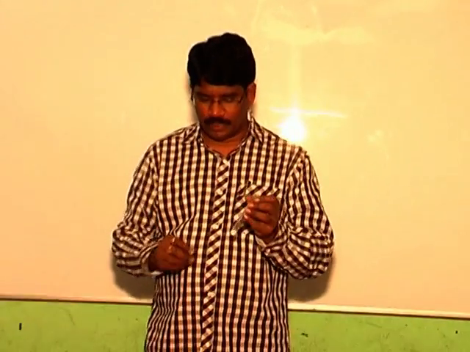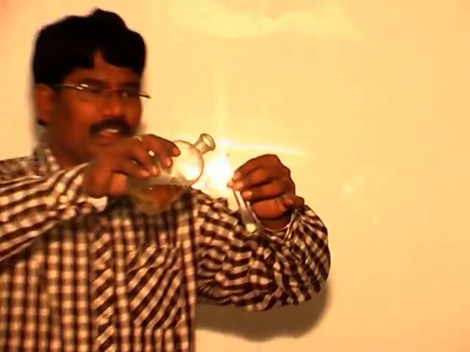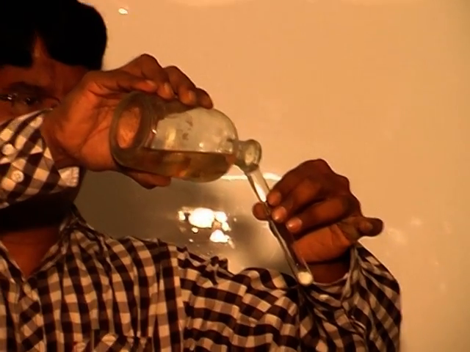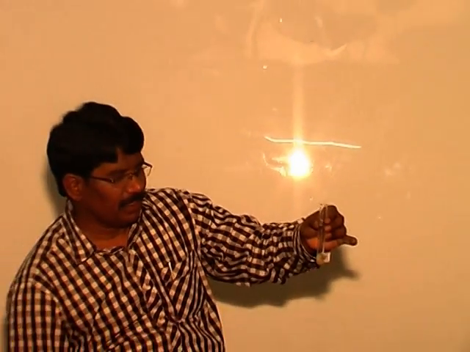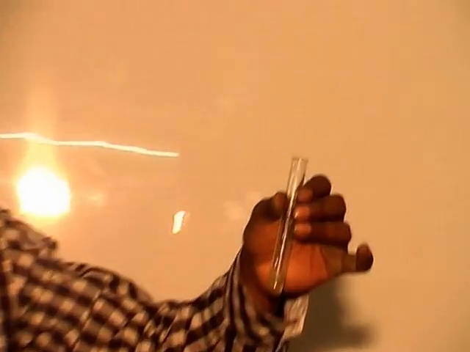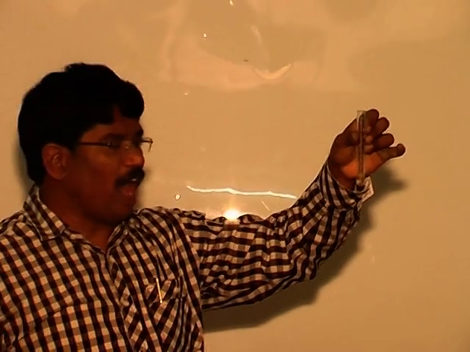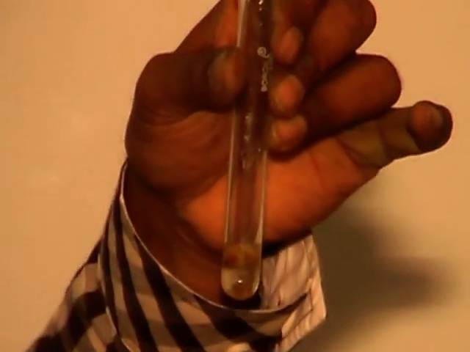Now let us do the detection of carbohydrate functional group. So now I am taking a carbohydrate salt, and to this I am adding concentrated sulfuric acid. See, after adding this concentrated sulfuric acid to this organic compound, we will observe just like the burning of the substance that is taken into the test tube, and that substance turns black.